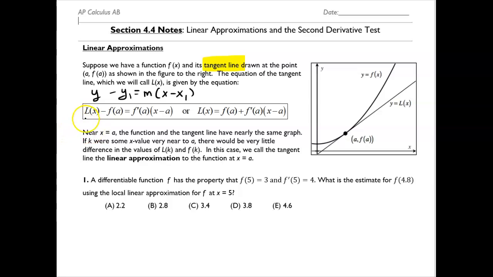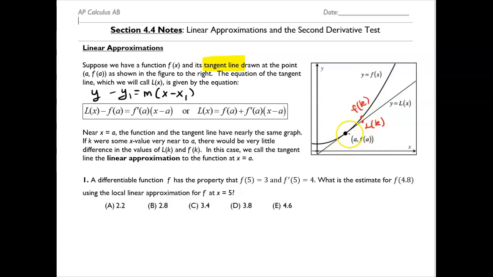And so the idea of a tangent line is that it can give us an approximation to our graph. For example, if I want to find some point k, if I look here on my graph f of k, I can approximate it on my line and get the value L of k, and we can talk later about comparing those two values.